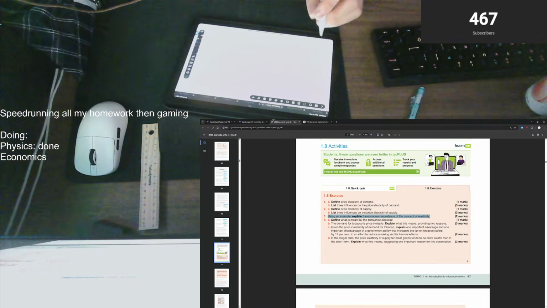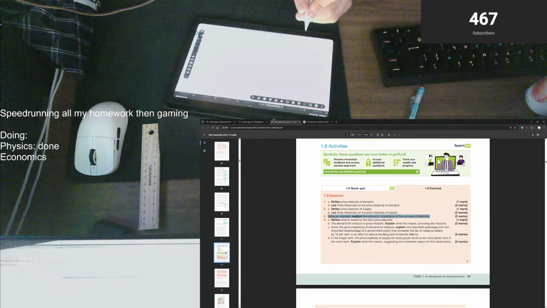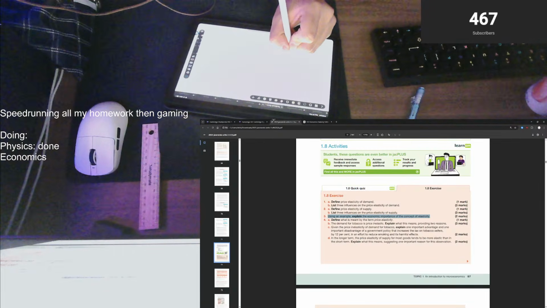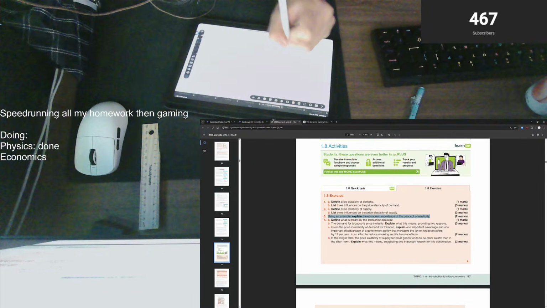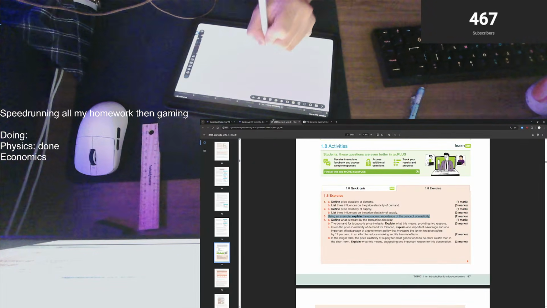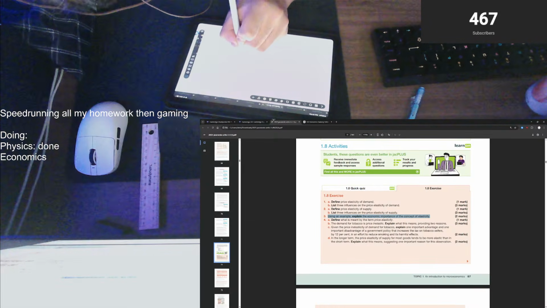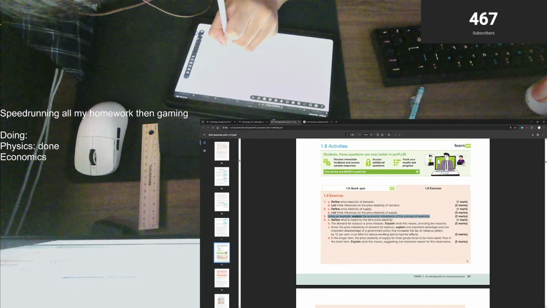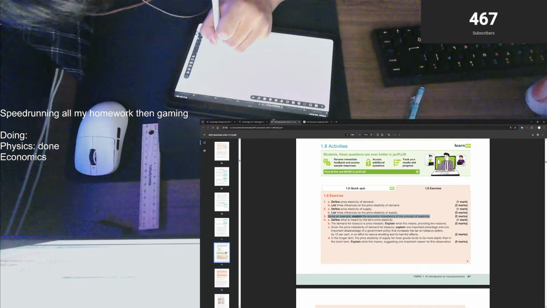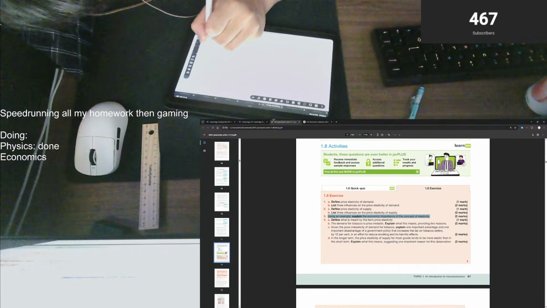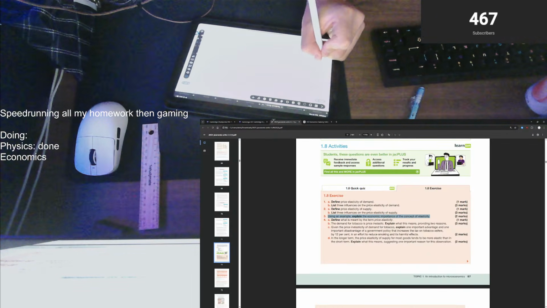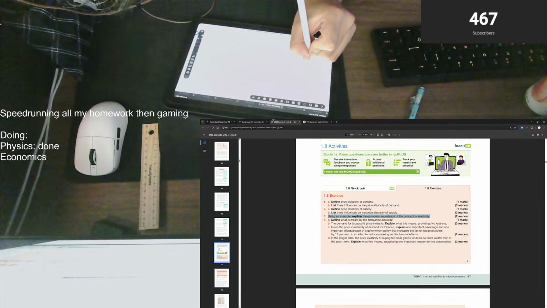Advantage: the tax was to raise the price of tobacco.